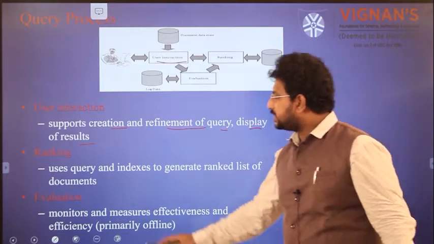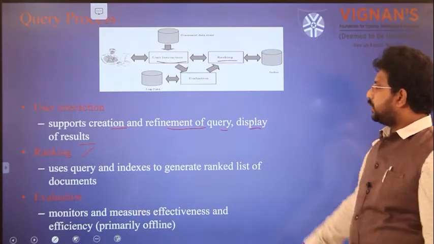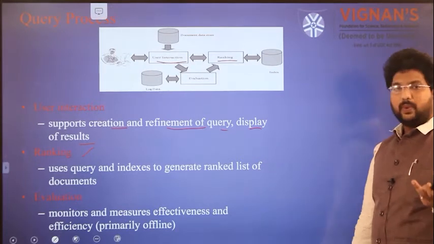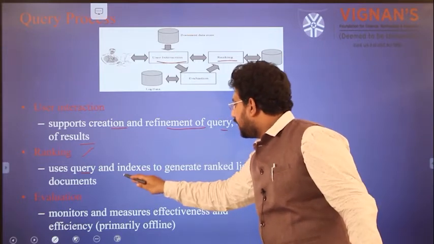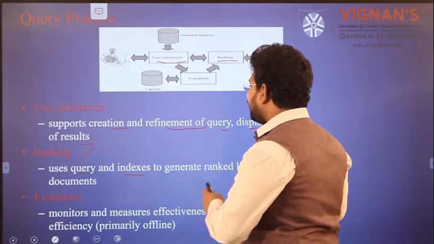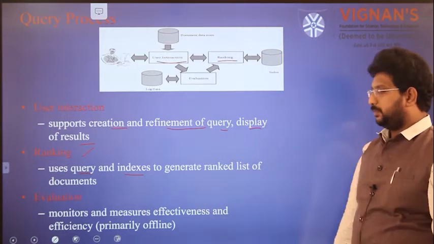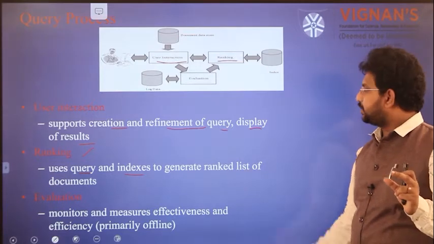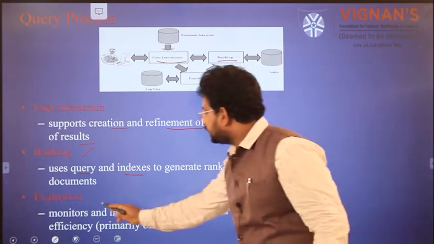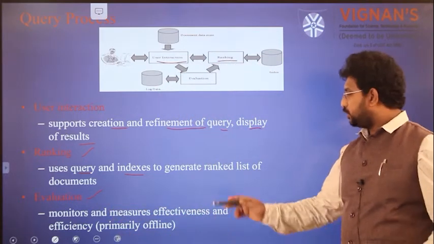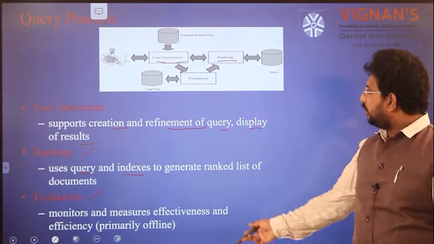Another component is ranking. As I told you, it uses the query and indexes to generate a ranked list of documents. And the third one is evaluation, which monitors and measures effectiveness and efficiency. It is primarily offline.